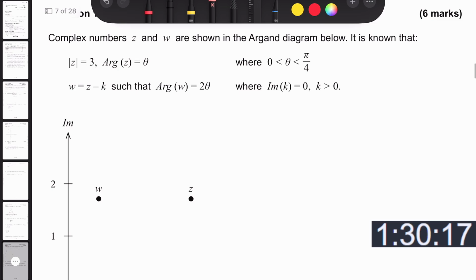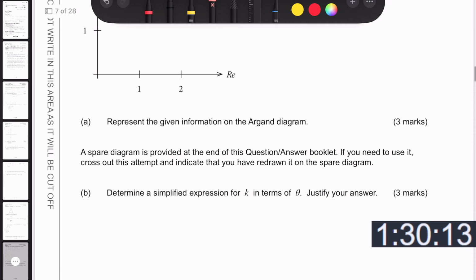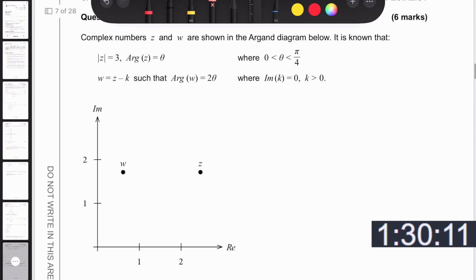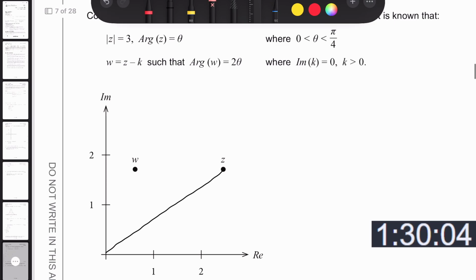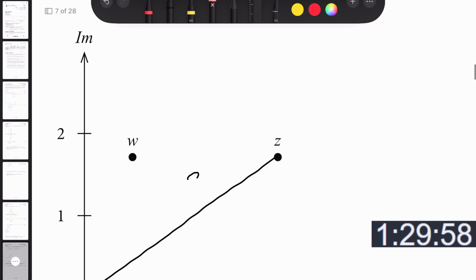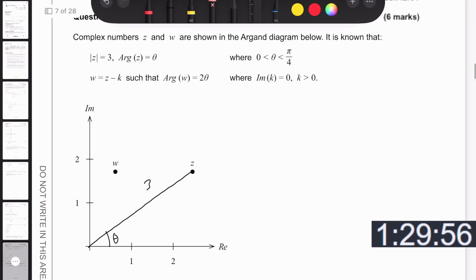Okay. Complex numbers w and z are shown in the Argand diagram below. It is known that, oh god, what is this? Okay. Arg of z is theta. So this is 3, and this will be theta.